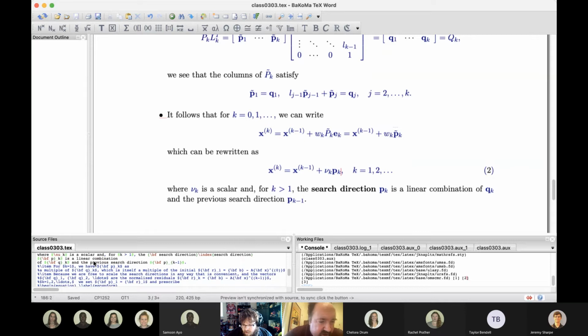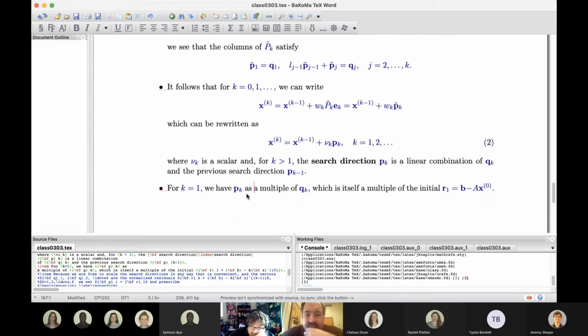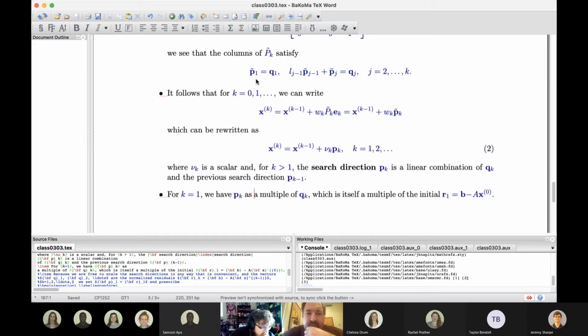So here's how I can do that. First, the first search direction is just a multiple of Q1, because p1 tilde is Q1. That is the initial residual.